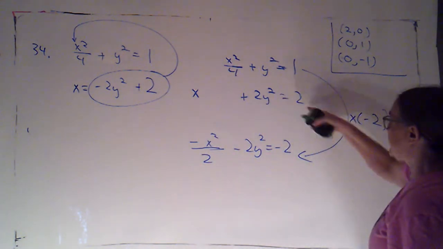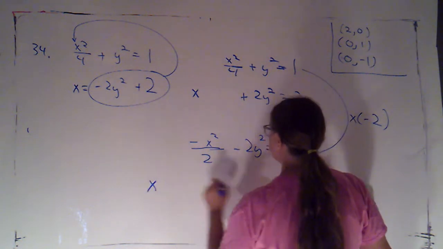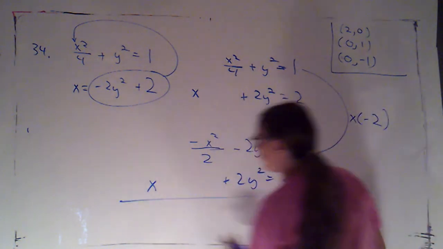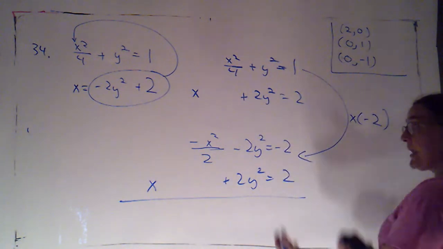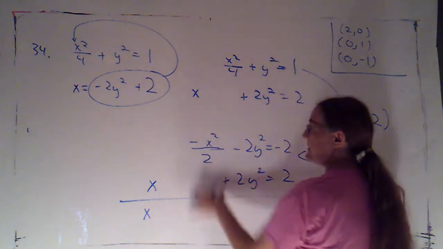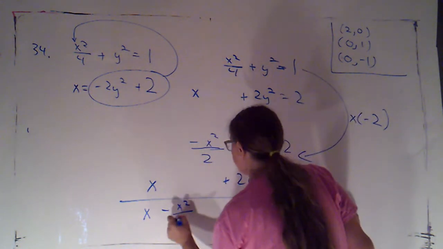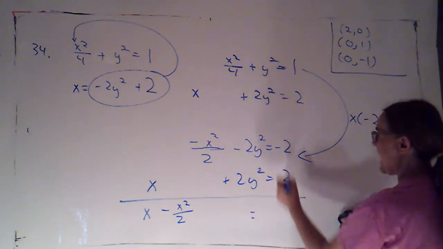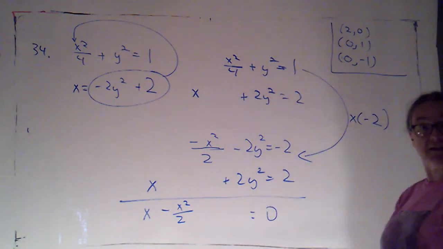Let's keep this second equation the same. X plus 2y squared equals 2. And now I can add the two sides. The x's don't cancel out. The x squareds don't cancel out. The y squareds do. And negative 2 plus 2 is equal to 0.